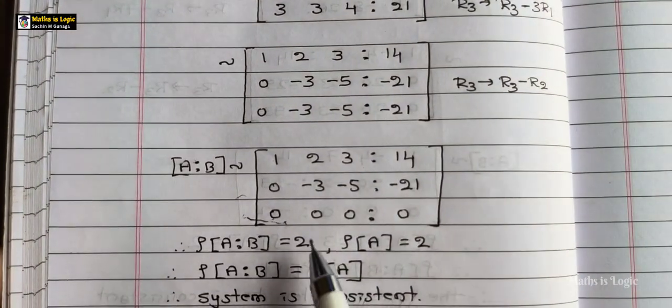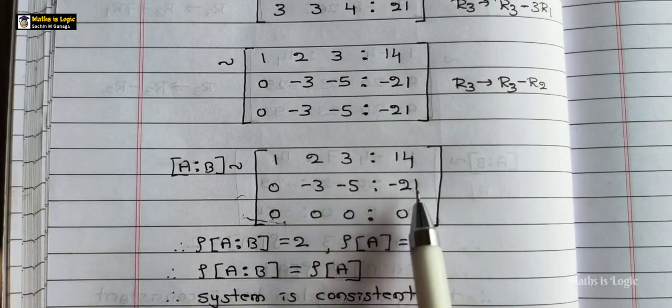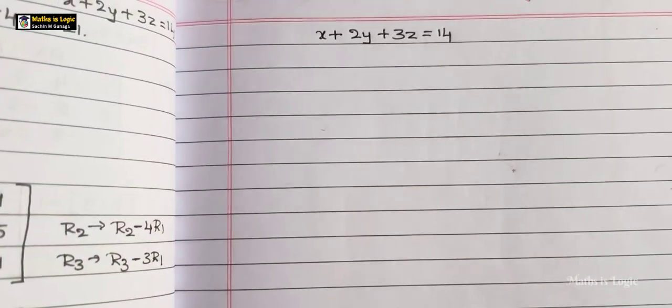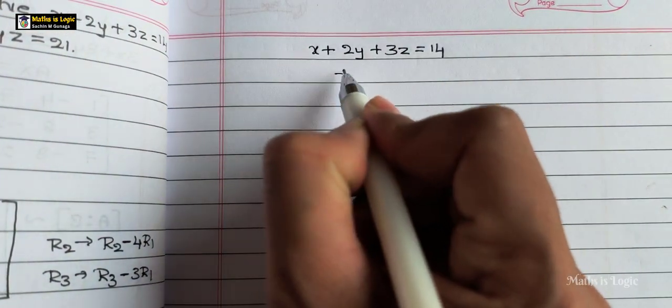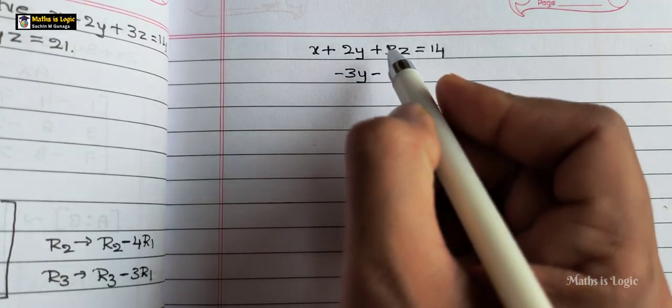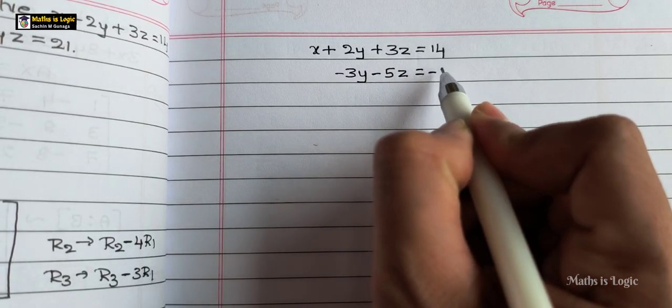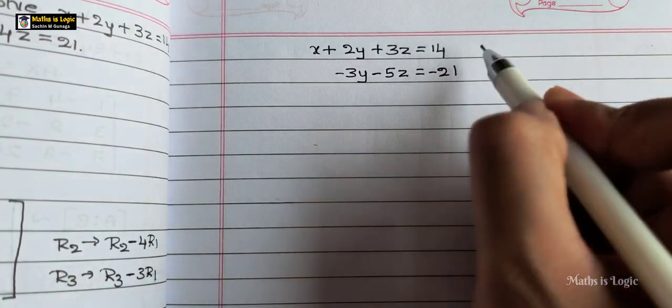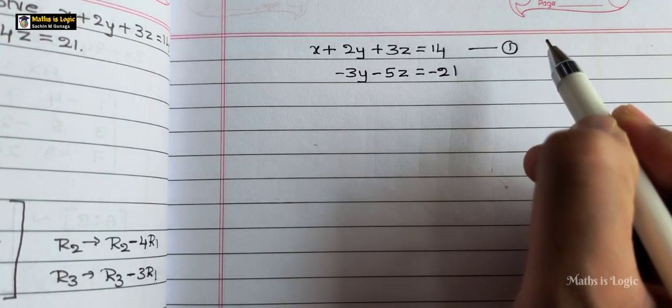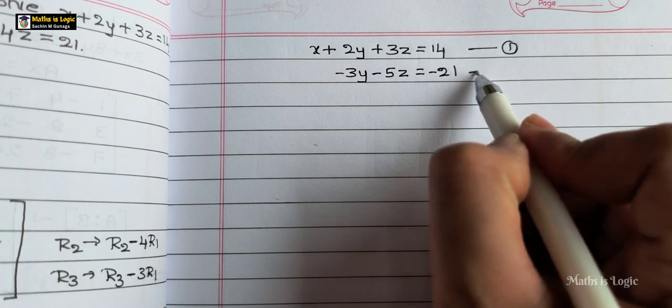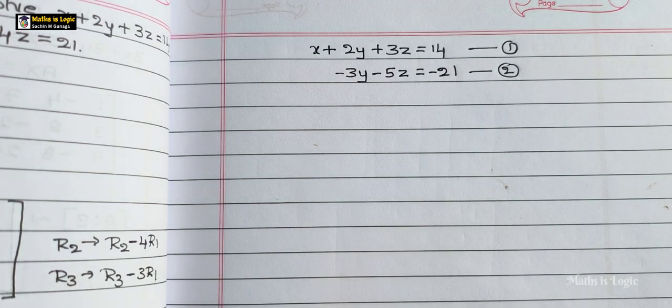Next, minus 3, minus 5, minus 21 can be written as minus 3y minus 5z is equal to minus 21. This I am going to call equation number 1 and this I am going to call equation number 2.